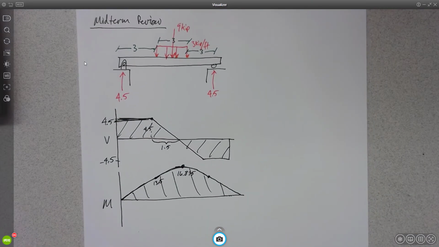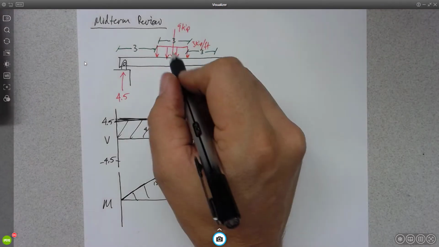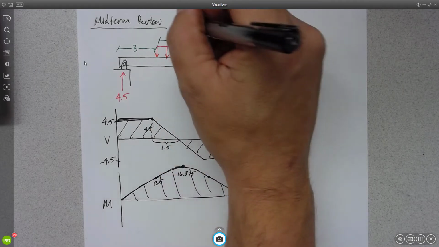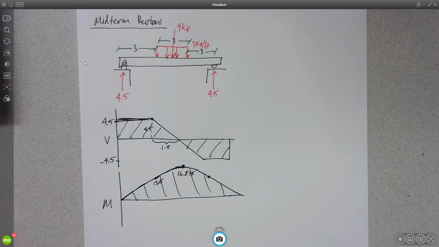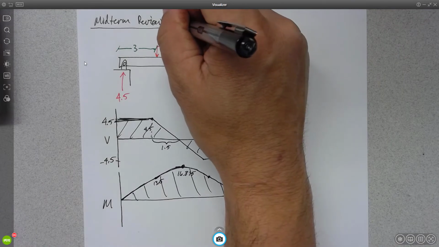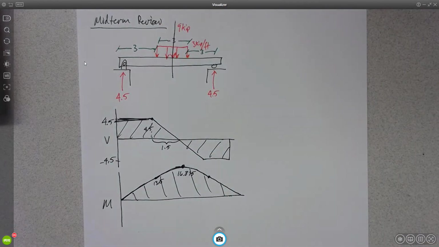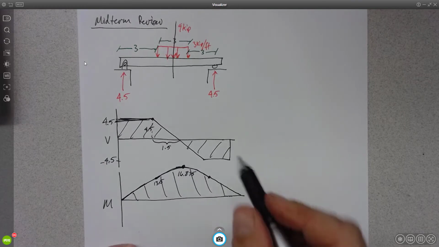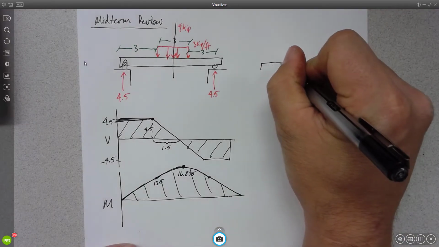But in the homework, I asked you to do it not only by doing the shear and moment diagrams, but by finding the values. And here's where people messed up. They messed up when they were cutting through a distributed load. So let's say that we're going to cut this right here, right in the middle, because we decided we forgot how to do this graphically. So we need to draw a free body diagram.